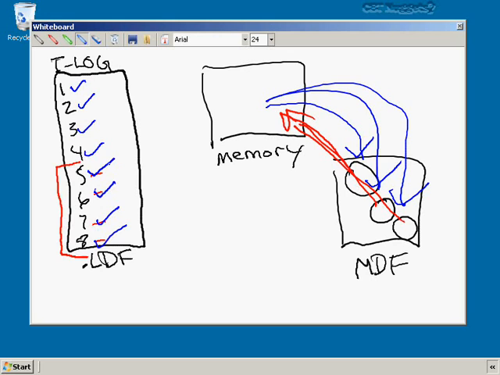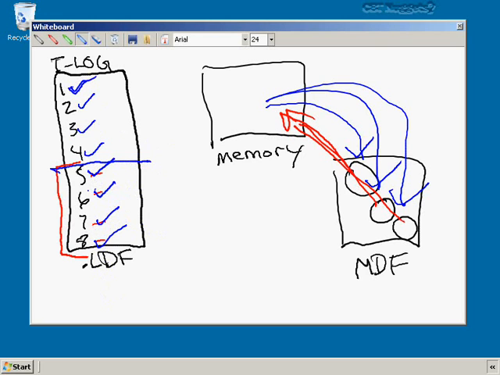So the transaction log is really kind of a to-do list. It says these transactions need to be done and written back out to disk. Once SQL Server does them and writes them out to disk, it checks them off of the to-do list. If something happens to prevent SQL from getting one of these changes written back out to disk, when SQL Server restarts, it still has this to-do list that it can work with.